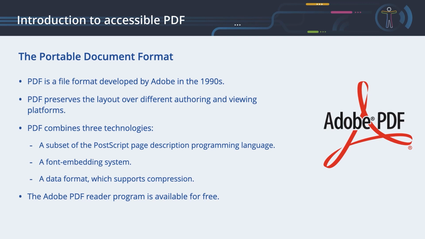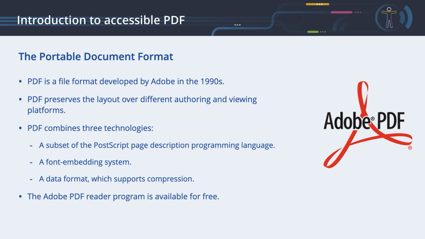The portable document format was developed by Adobe in the 1990s. Each PDF file encapsulates a complete description of a fixed layout flat document, including the text, fonts, vector graphics, raster images, and other information needed to display it.